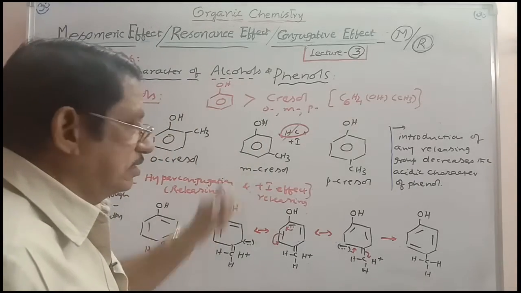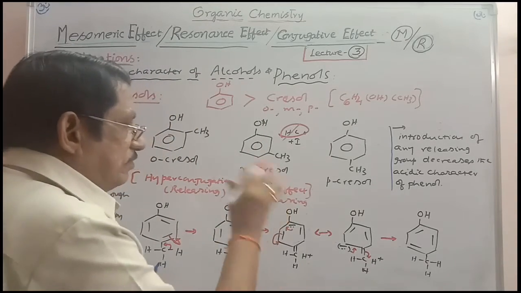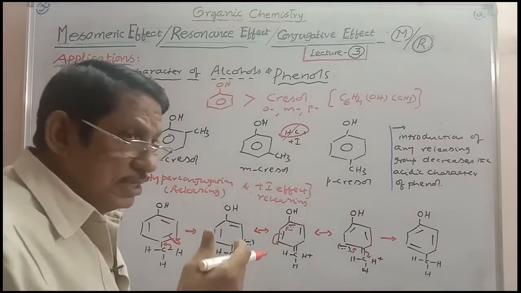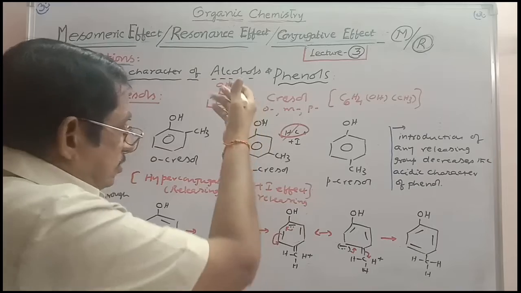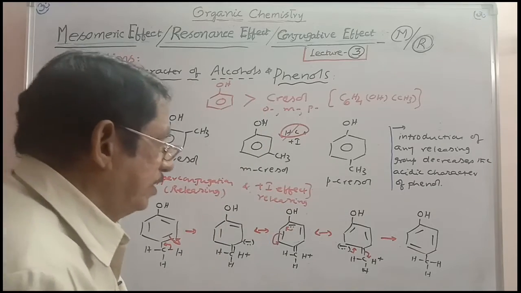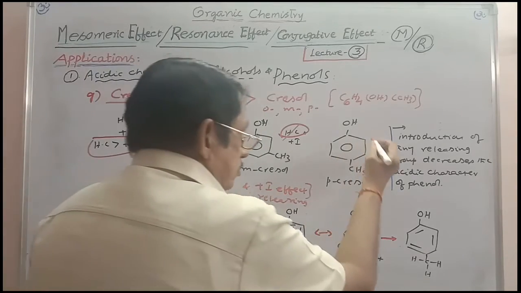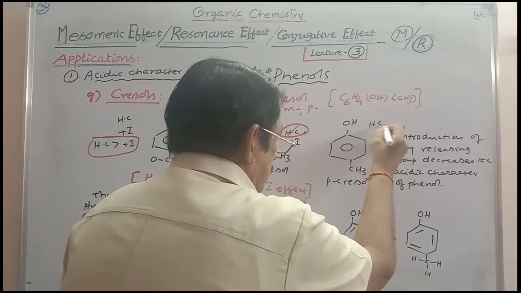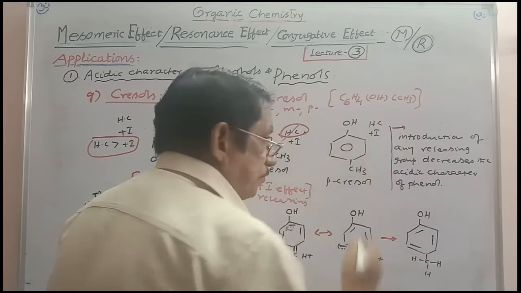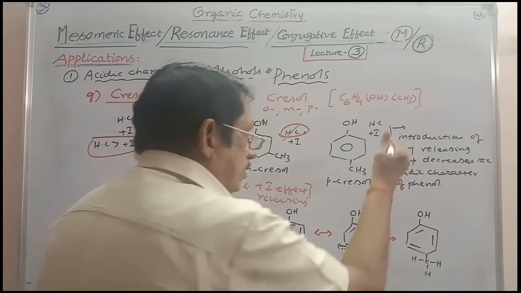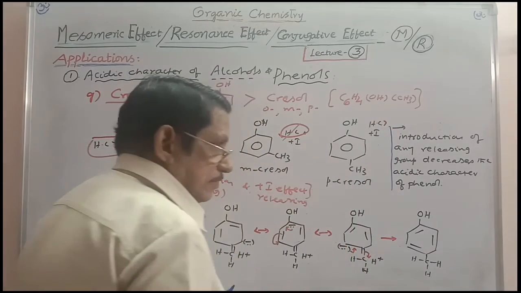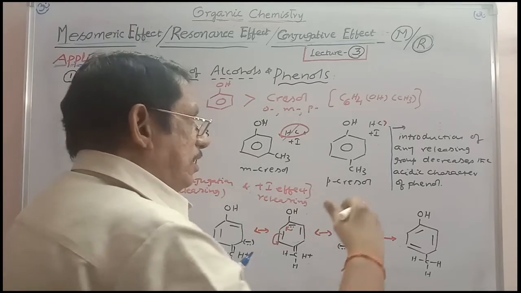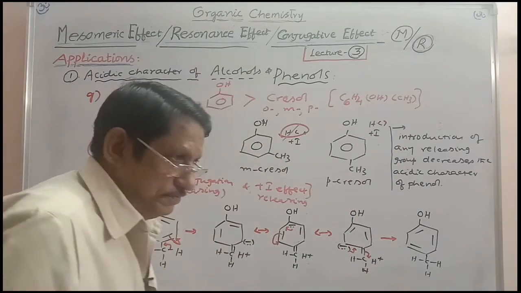So, in the case of metacresol, only plus inductive effect will be there. It is also releasing as a result of which the acidic character is decreased. Even metacresol is also less acidic than phenol. Okay. In the case of ortho and para, once again, we are having two effects. One is HC, other one is plus I. HC is dominating here, then plus I. Anyhow, plus I is adding the effect to the electron releasing nature of hyperconjugation.